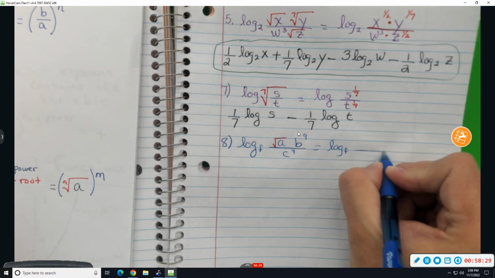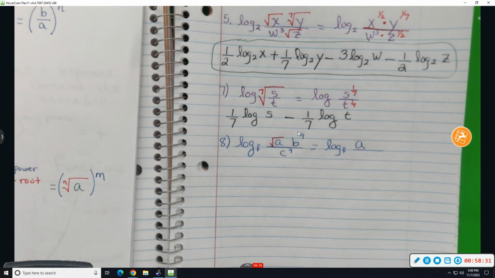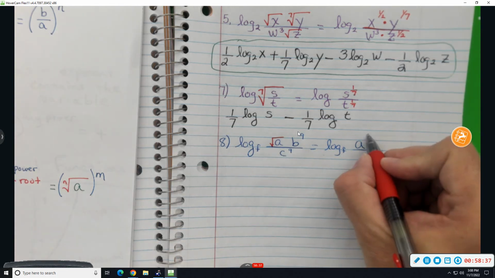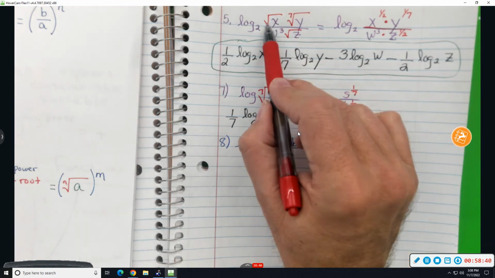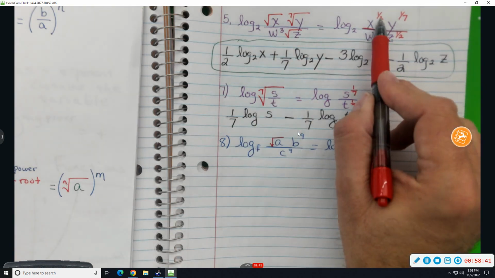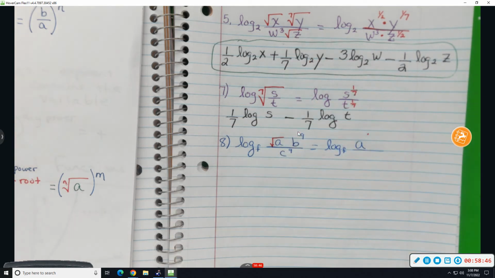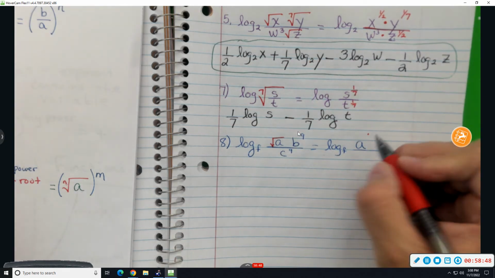So what exponent am I going to put onto A? A square root is a 1/2. Okay. Now, if it had been a 7th root, it would have been a 1/7, cube root 1/3.